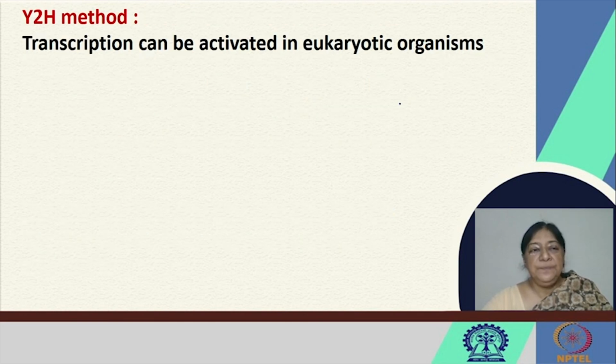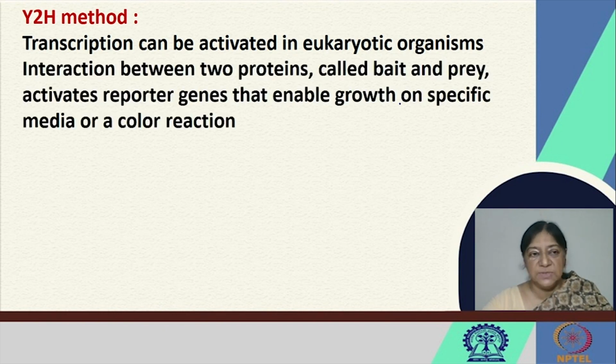This method is used because transcription can be activated in eukaryotic organisms, and this is exploited. The interaction between two proteins, the bait and the prey, activates the reporter genes that enable growth on a specific media or a specific colored reaction to indicate that there has been a protein-protein interaction.